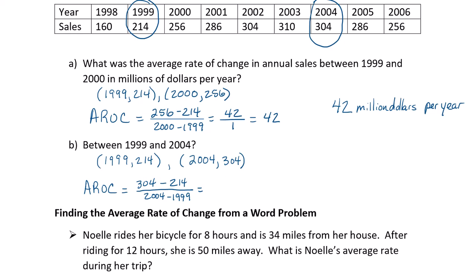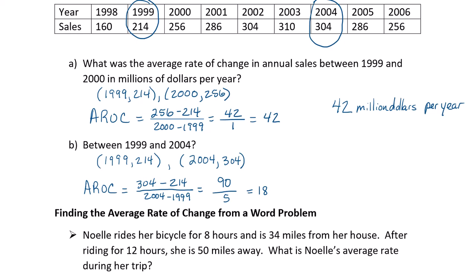So 304 minus 214 is 90. 2004 minus 1999, that's going to give us 5. And if we divide that, we're going to get 18.